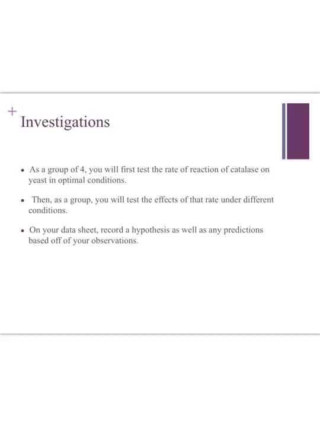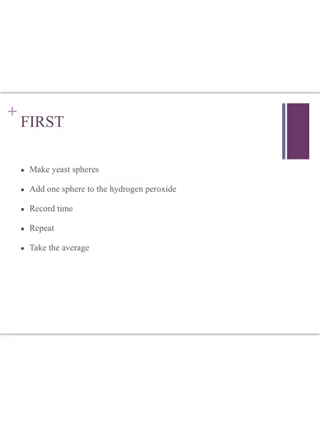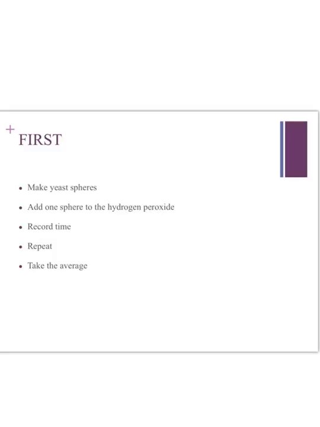So the first thing that we need to do is to make our yeast spheres. And in order to do that, you need to take your yeast and you're going to mix it with your sodium alginate. And then you're going to wait.